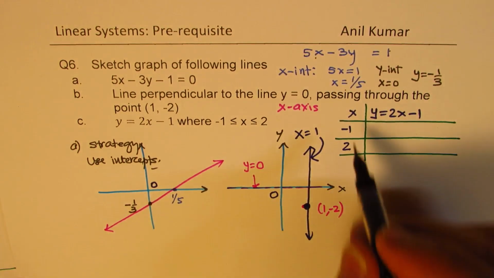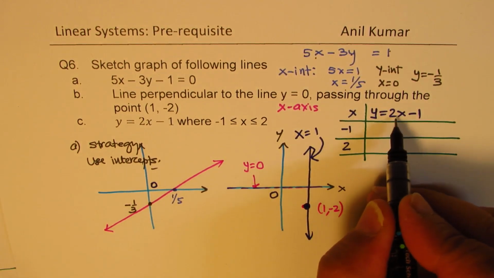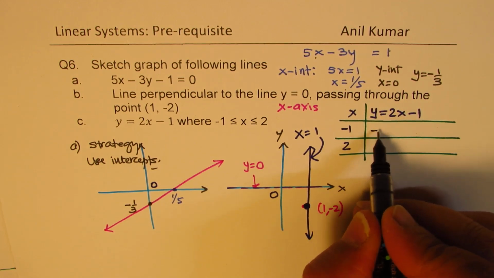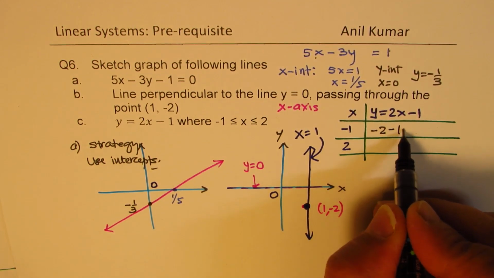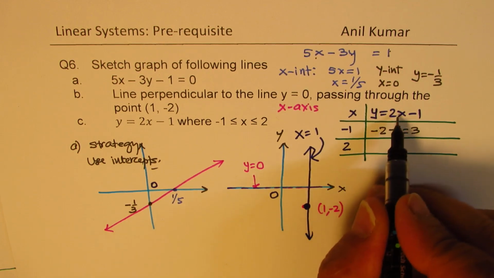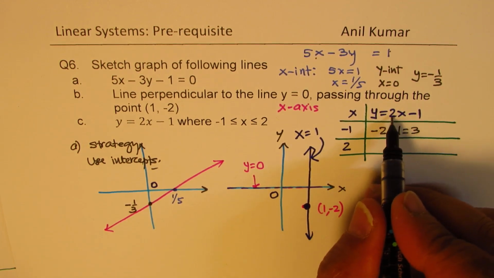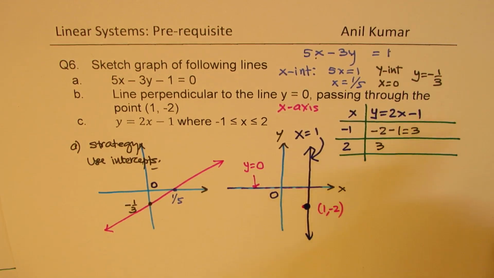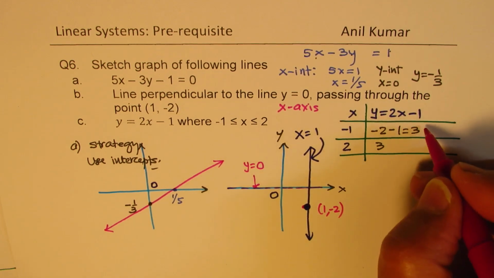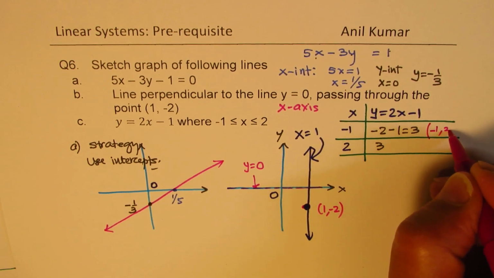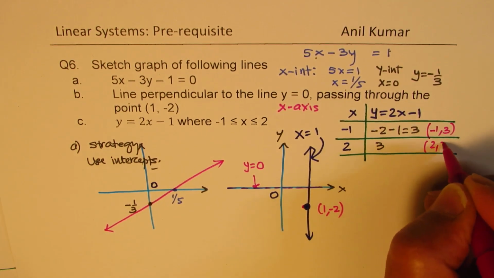If I substitute minus 1 here, I get 2 times minus 1 as minus 2, and minus 1 is minus 3. If I substitute 2 here, I get 2 times 2 is 4, 4 minus 1 is 3, correct? So the coordinate points are (-1, -3) and (2, 3).